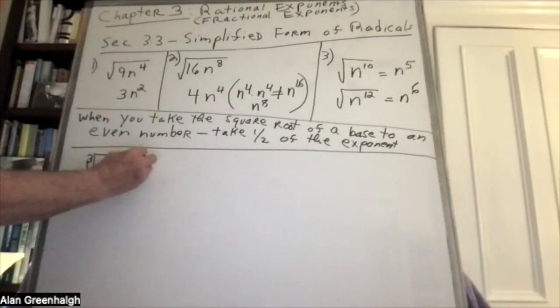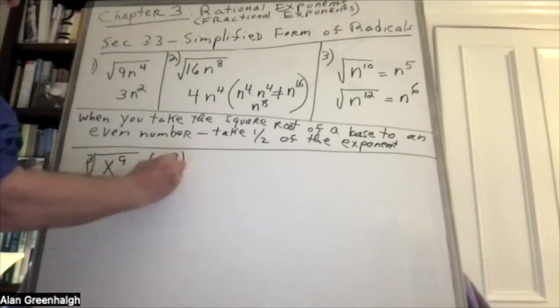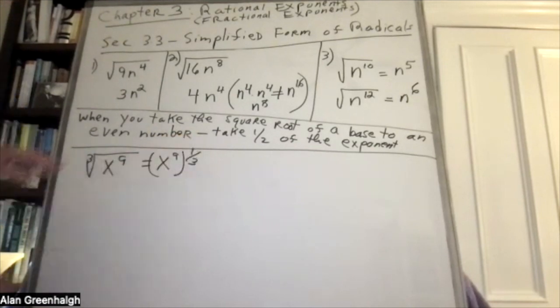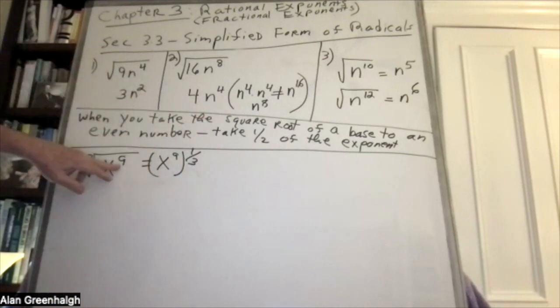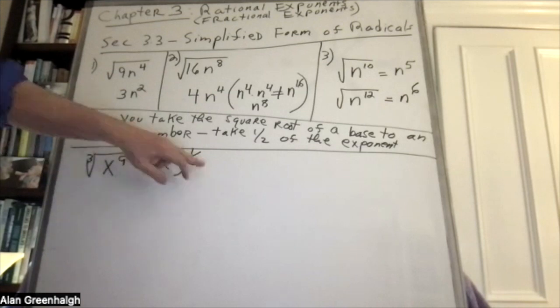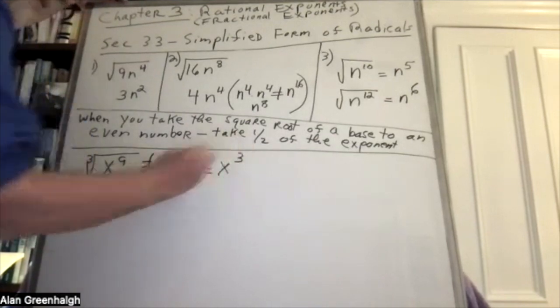Remember what we did in the previous chapter? This was the same thing as this. So when it's divisible by 3, then it becomes 1/3 of 9, which is equal to x to the 3rd.